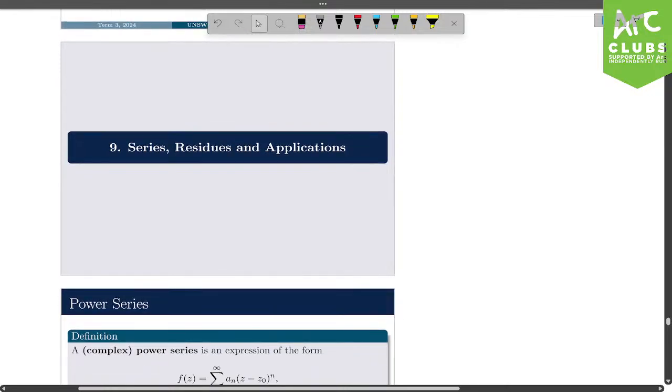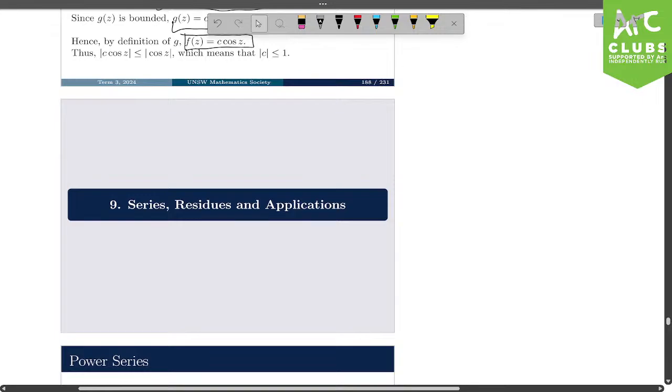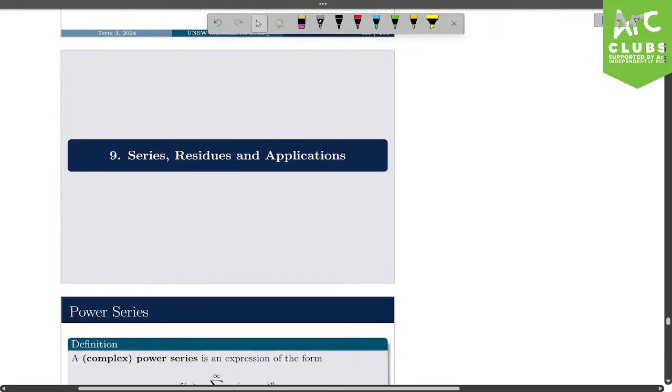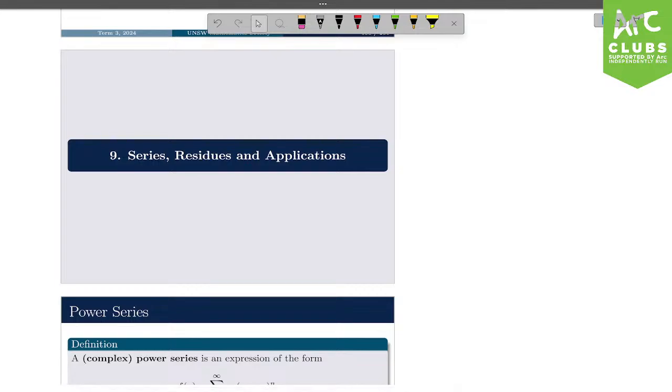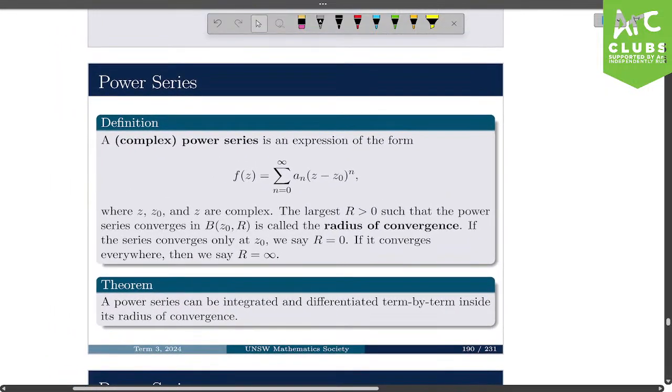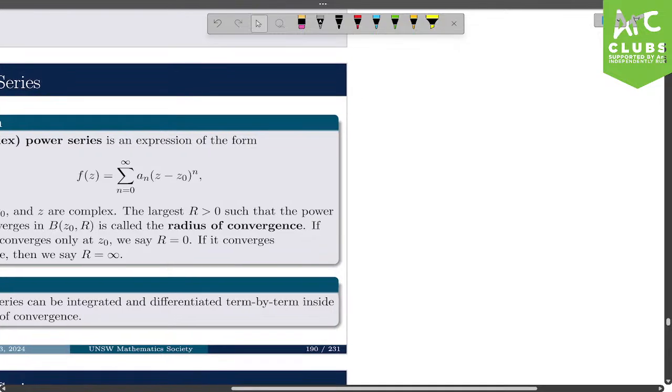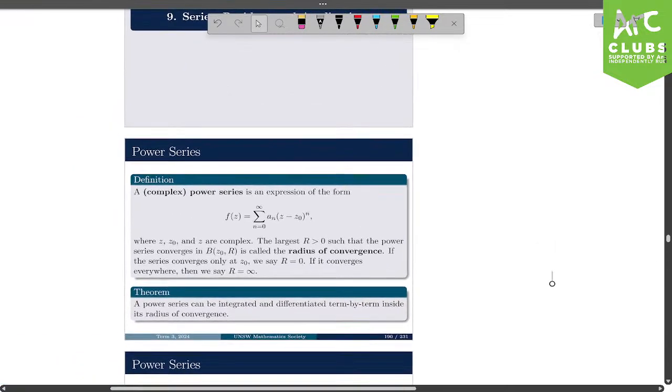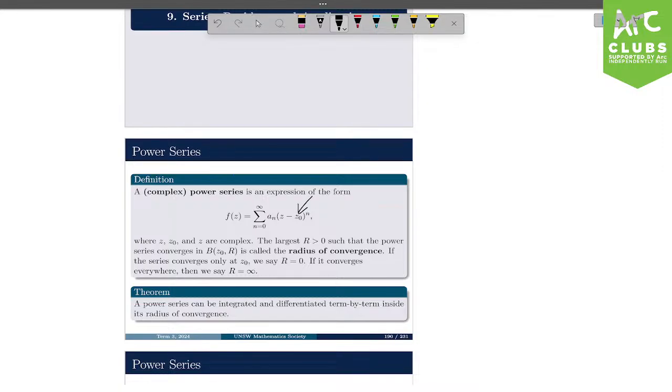Fantastic. So now I think we're jumping into our last component with 40 or so slides to go. We're going to run through series, residues, and their applications. We're going to power through this. Good luck, you guys. So, first things first, power series, calling back to first year, we have radius of convergence and a center of convergence. We can kind of just define this center by z0 and then worry about the radius of convergence later.